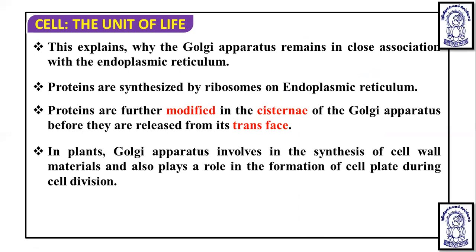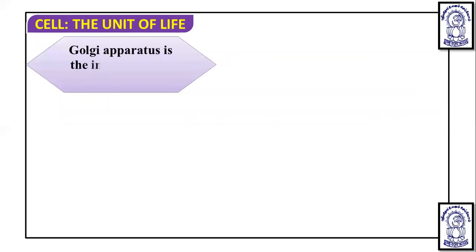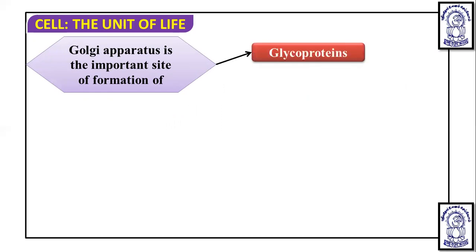Okay, so in plants, this Golgi apparatus is involved in the synthesis of cell wall. It provides material for the cell wall and also plays a role in formation of cell plate during the cell division. So if we talk about the Golgi apparatus, it is an important site for the formation of glycoproteins and glycolipids.